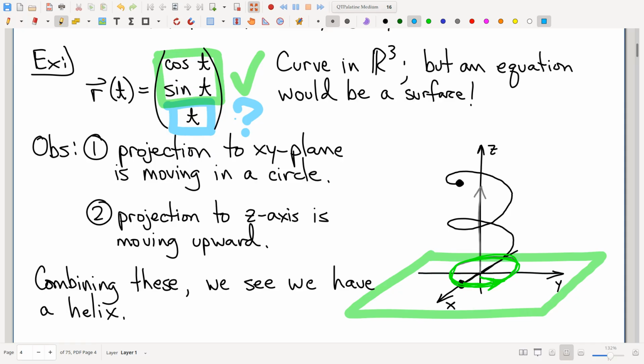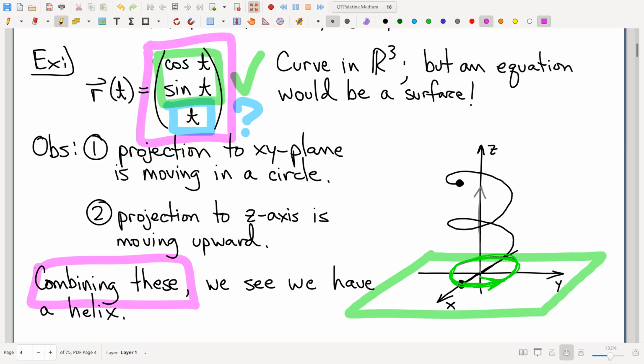Well, I know that the shadow is going counterclockwise in the xy plane around the origin. That's what my xy shadow is doing, and I also know that my height is rising at a constant rate. So you can take your geometric intuition and combine them together. What is the curve whose shadow goes around in a circle and that rises at a constant rate? Well, this is kind of how you would do that. Like that. So you've got to use your geometric intuition there.